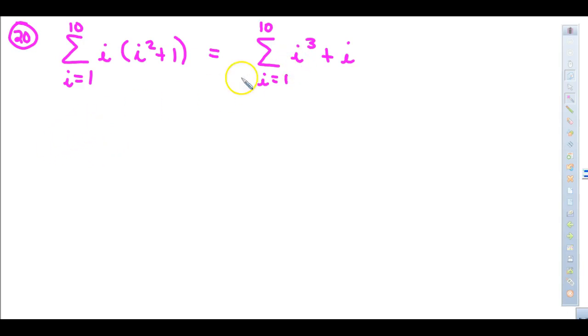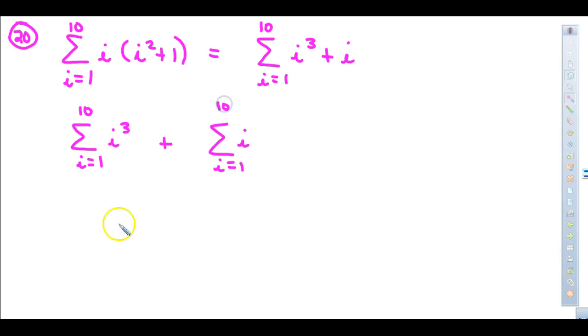Because all I'm going to do now is apply my formula for the sum of my cubes as I goes from 1 to 10 plus the sum of my integers as I goes from 1 to 10. So my formula here says I have to do n times n plus 1 times 2n plus 1 all over 6.